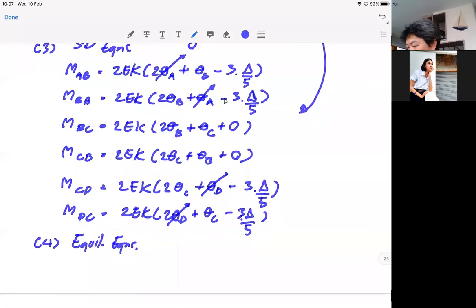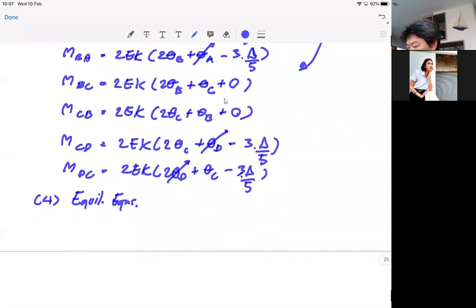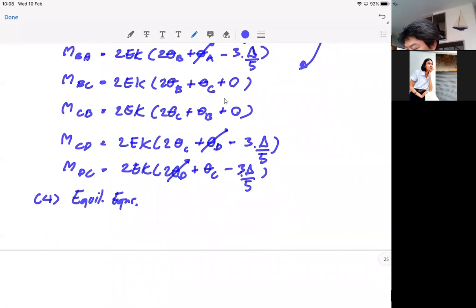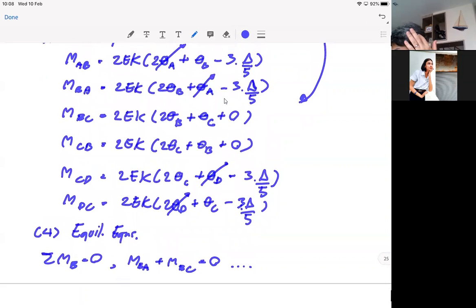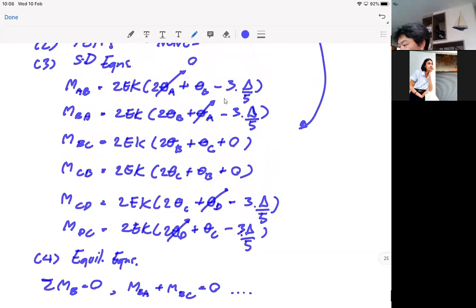So the basic ones you can get right away is sigma moment at support B equal to 0, which is MBA plus MBC equal to 0. Okay, so we can come here and try to establish that, because I didn't write it properly.